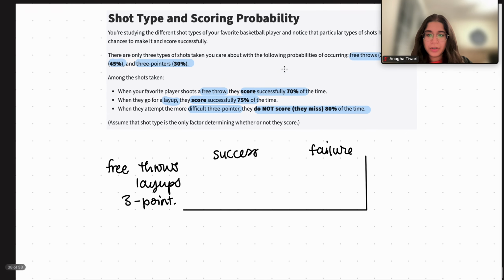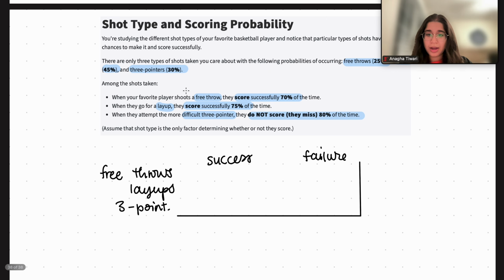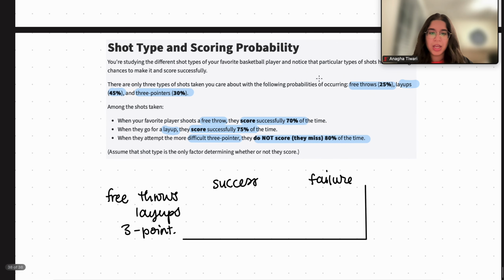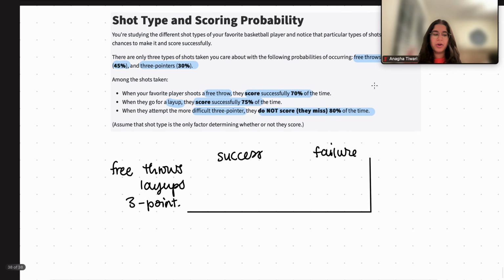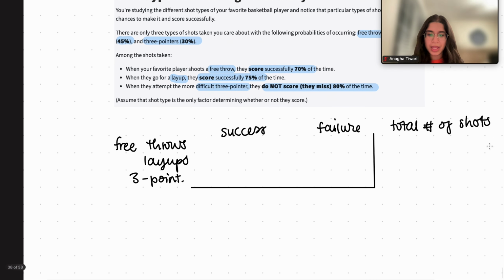So first of all, it says the free throws occur 25% of the time. Before we start, let's pick an arbitrary number of shots that are taken, the final total number of shots for the scenario that we'll make the table from. I like to pick a number which is pretty large, such as 100.